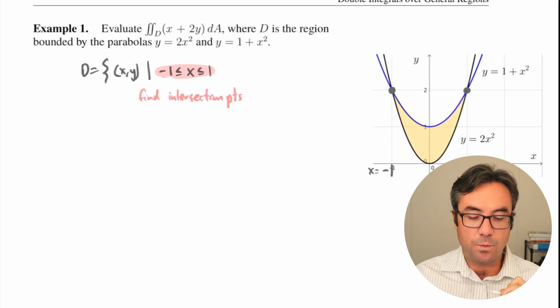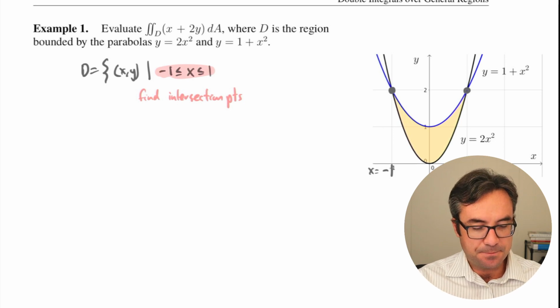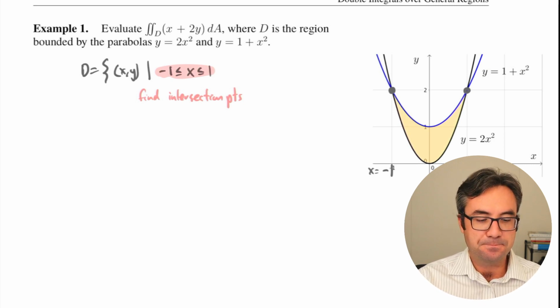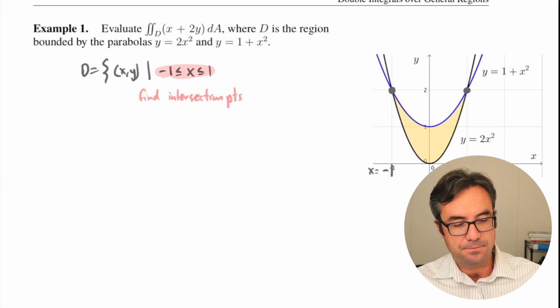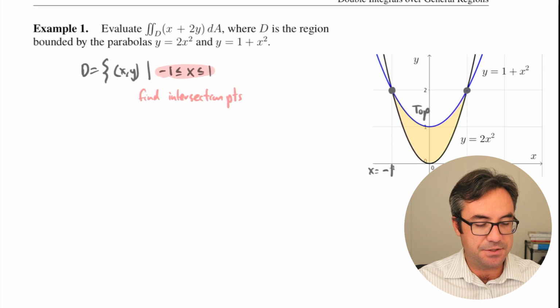All right, so now we also have to figure out the inequality for y. To help with this, we want to figure out the top function and the bottom function. So what's our top curve? Well, our top curve here is this parabola with the +1 in it, because when x is 0, we've started 1 unit up.